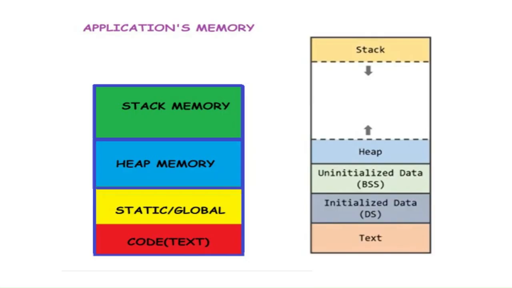So for the next part, I want to discuss the application memory and how this memory region of the architecture is linked to the two types of array we have discussed before, the dynamic array and the static array. So we can see here on the screen there are some portions of the application memory: the stack section of memory, the heap section of memory, the static or global section of memory, and the code or text section. There are some other memory regions like the uninitialized data, the BSS, and the initialized data.